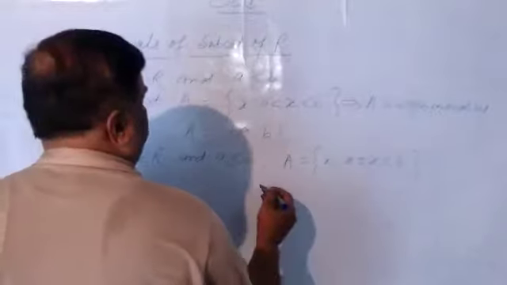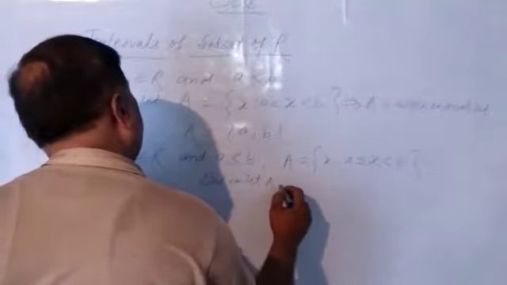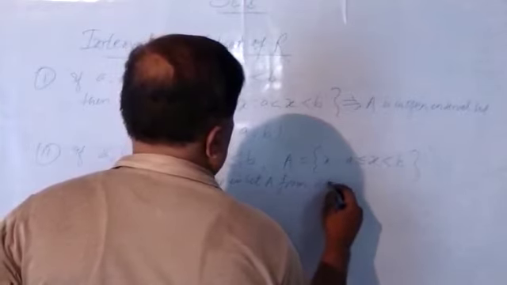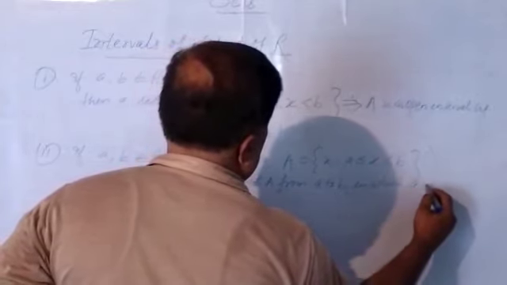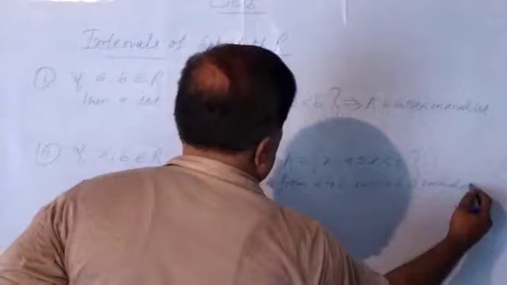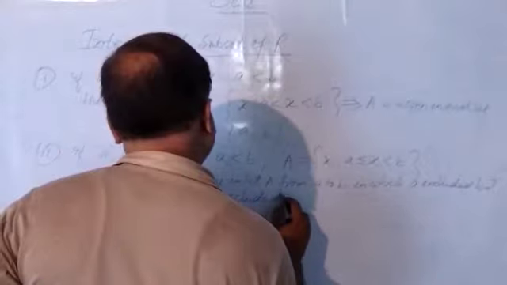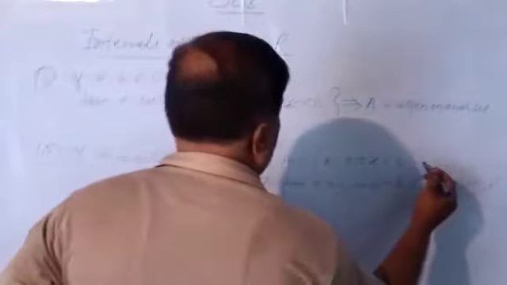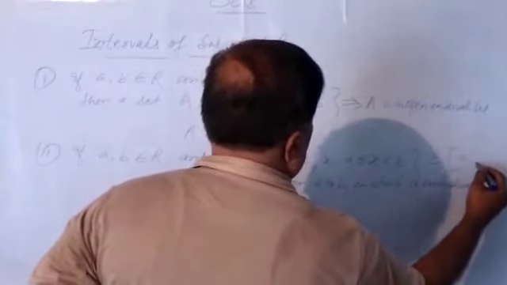Then this type of set, from a to b, in which a is included but b is excluded, is called a one end open set, and symbolically we write this set as [a, b).